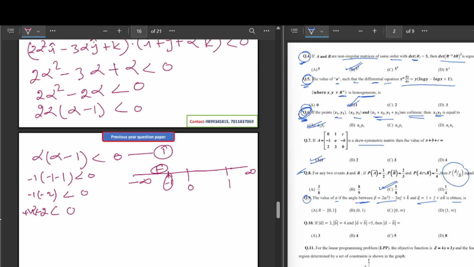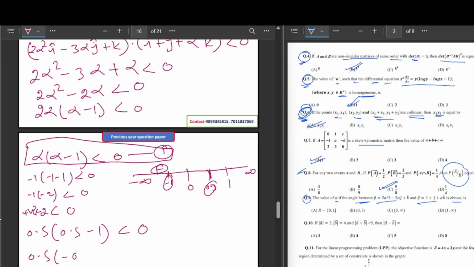We put any random value, suppose 0.5, in the same equation. So 0.5 into 0.5 minus 1 less than 0: 0.25 minus 0.5, which will become minus 0.25, less than 0.